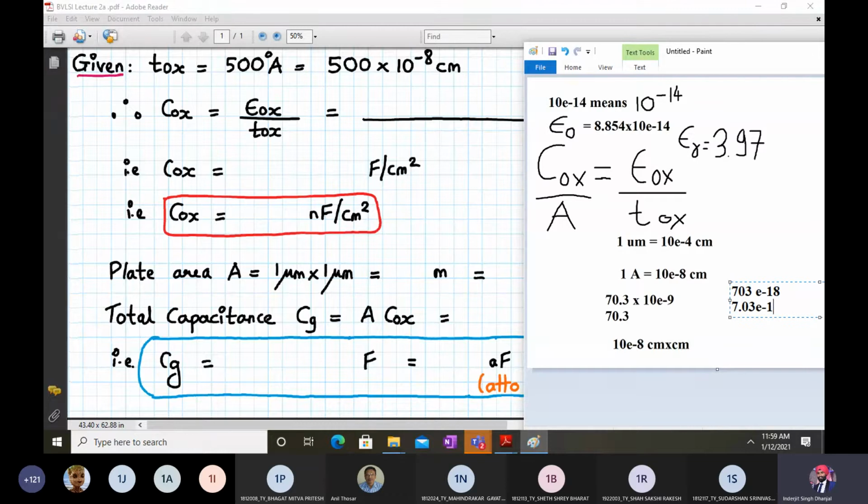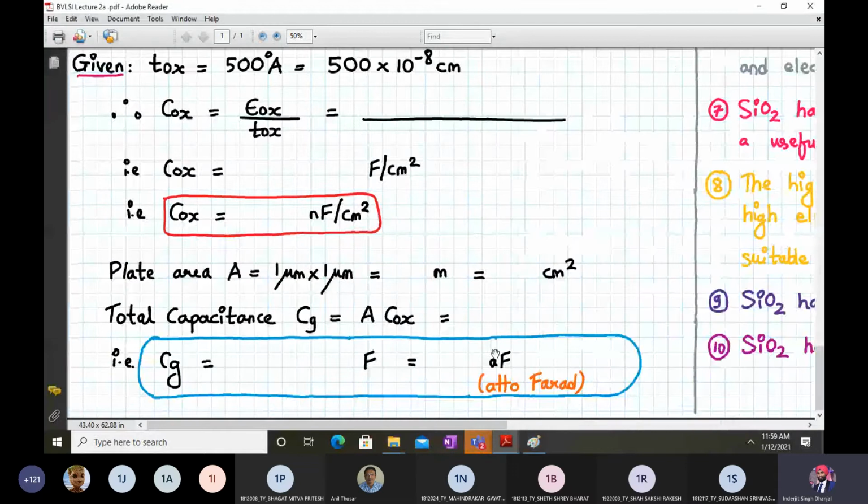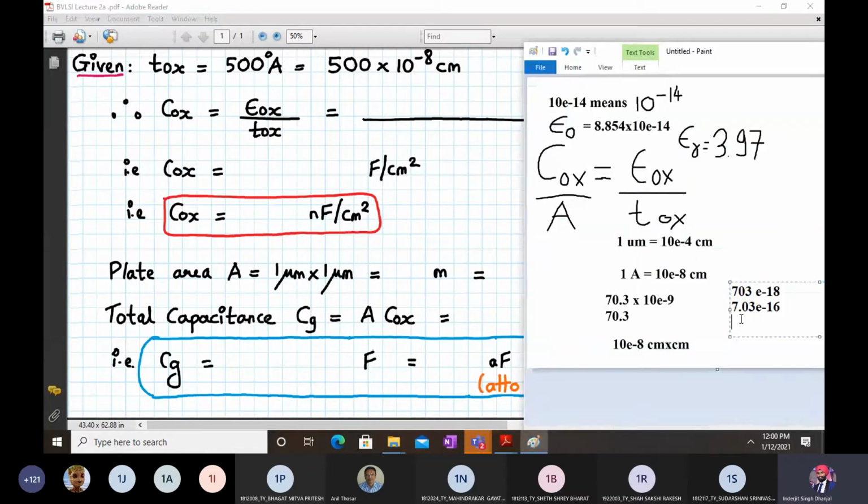Now, I've introduced you to a new unit, 10 raised to minus 18. I think you know what is nanofarad, correct? You also know picofarad, right? You know what is 10 raised to minus 15? Femtofarad. What is 10 raised to minus 18? Attofarad. So I can write here easily 703 attofarad.